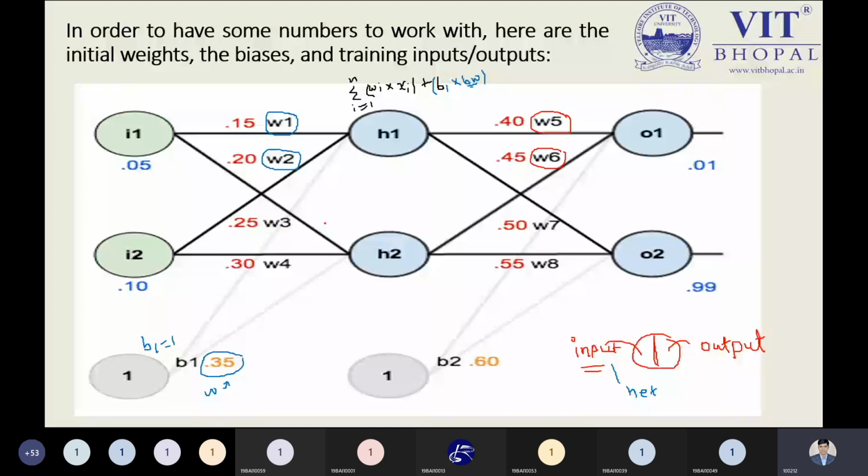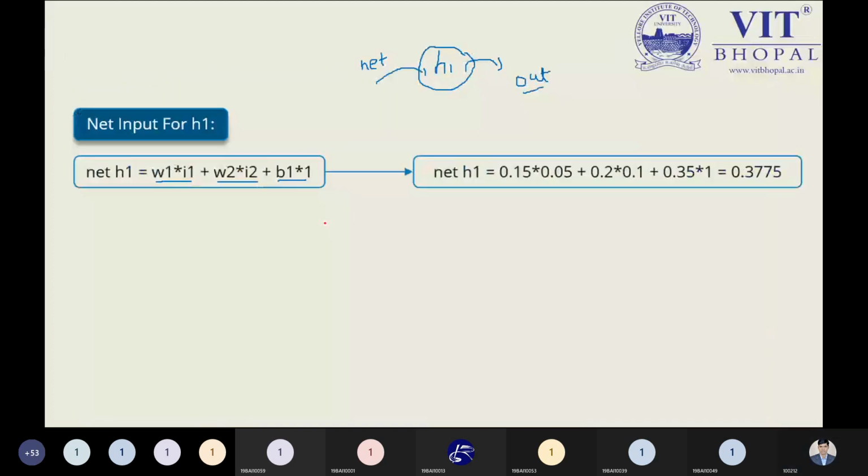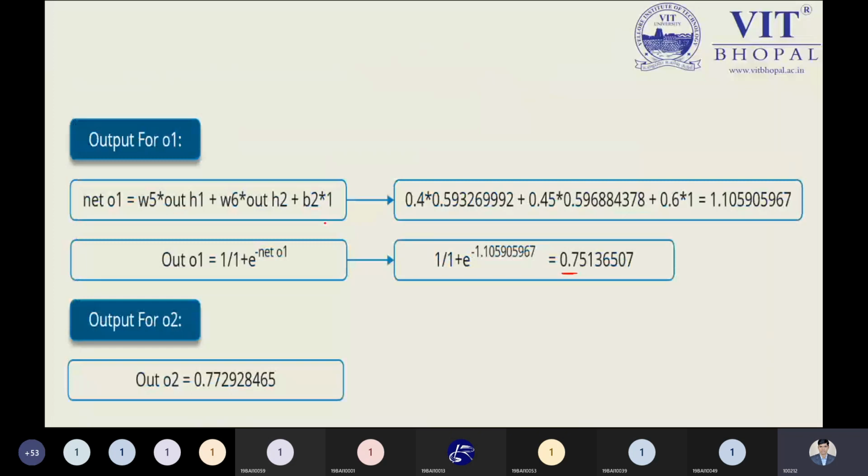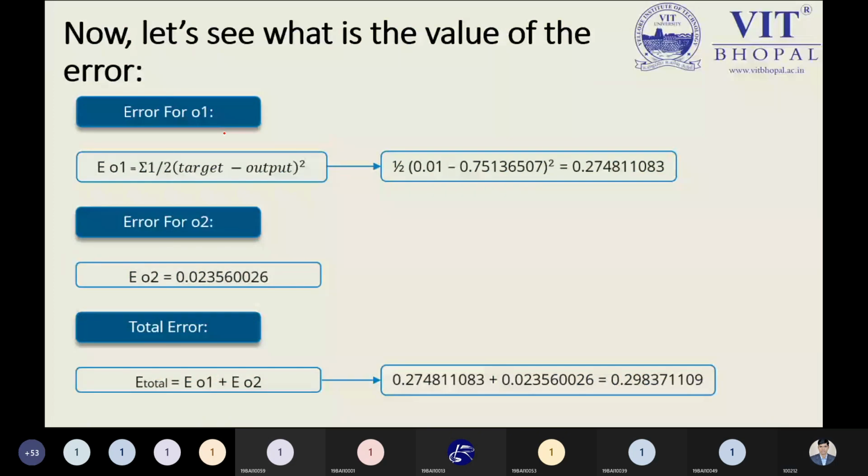So if I am talking about the target, that is our expected value, also called the predicted, or sometimes expected.